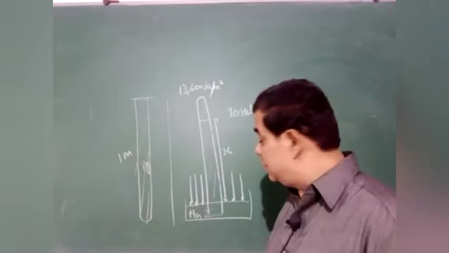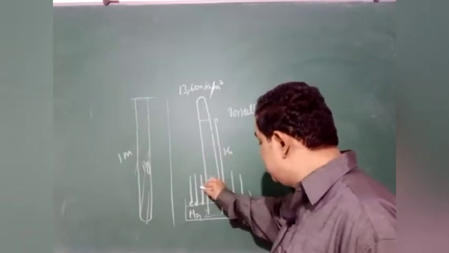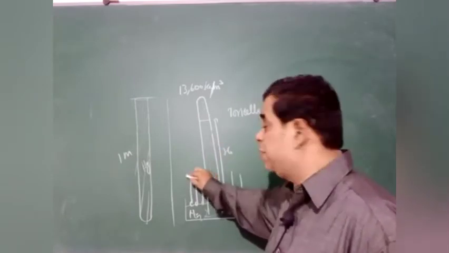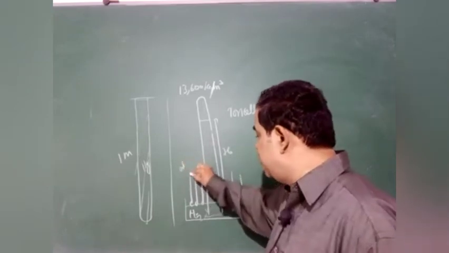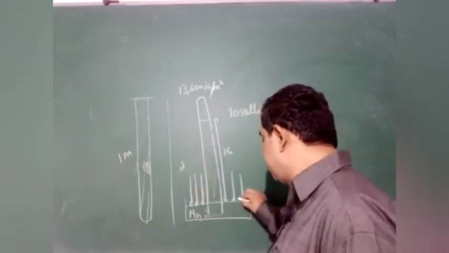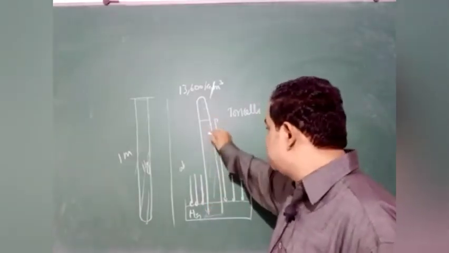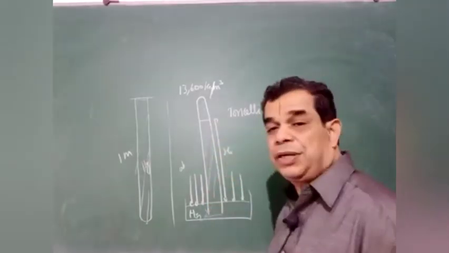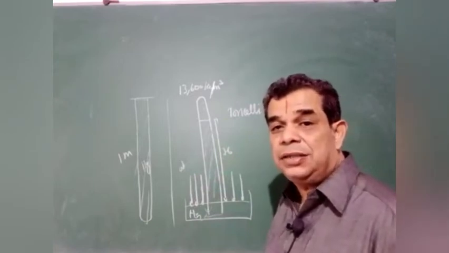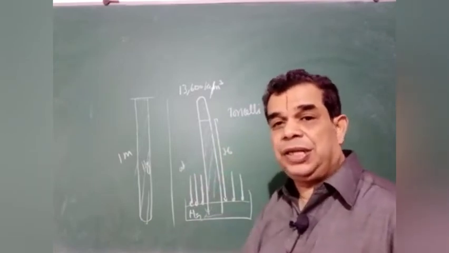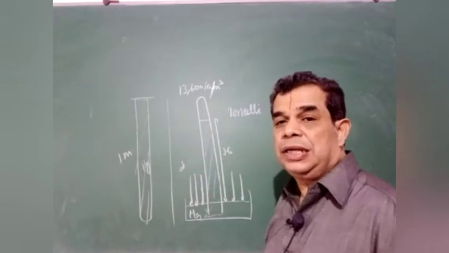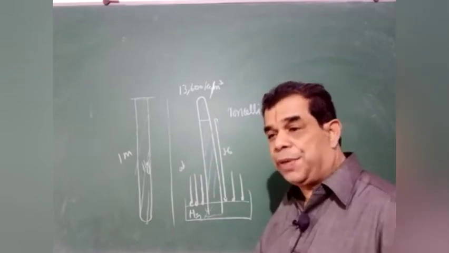And why does this stand? Because the air outside, what we call the atmosphere, is pushing this mercury like this, so it can make this 76 centimeter column of mercury stand. In fact, in chemistry, when you are doing calculations, you take standard temperature and pressure.